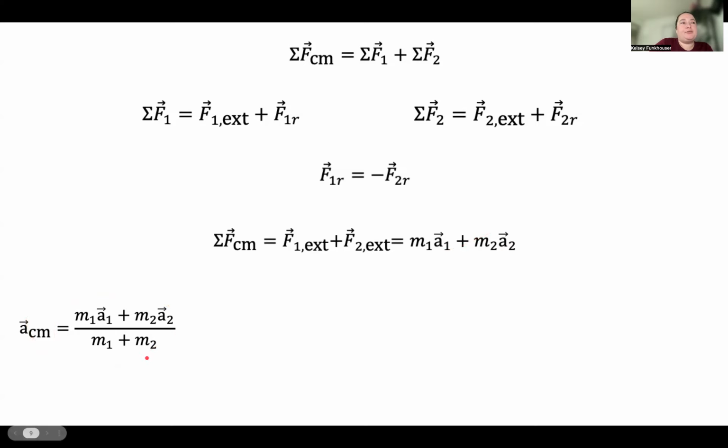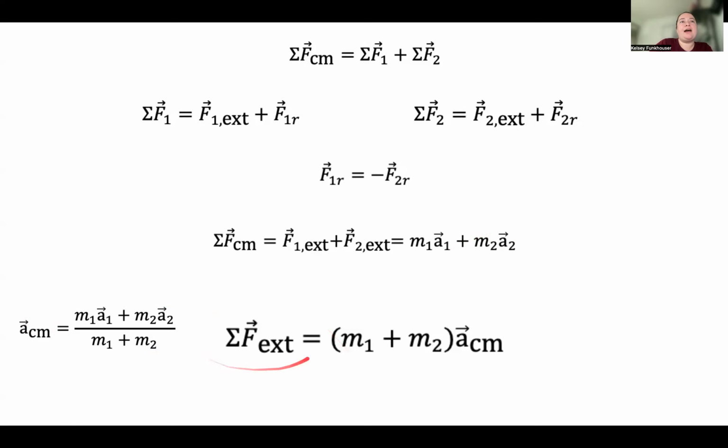Referring to this relationship for the acceleration of the center of mass again, we find that the sum of external forces acting on the system is equal to the sum of the masses times the acceleration of the center of mass of the system.